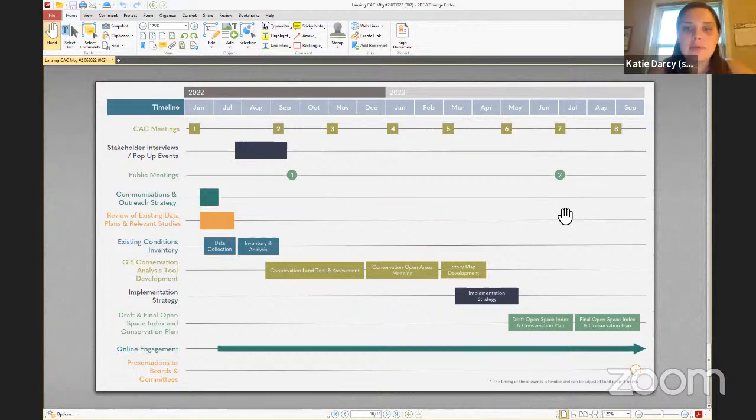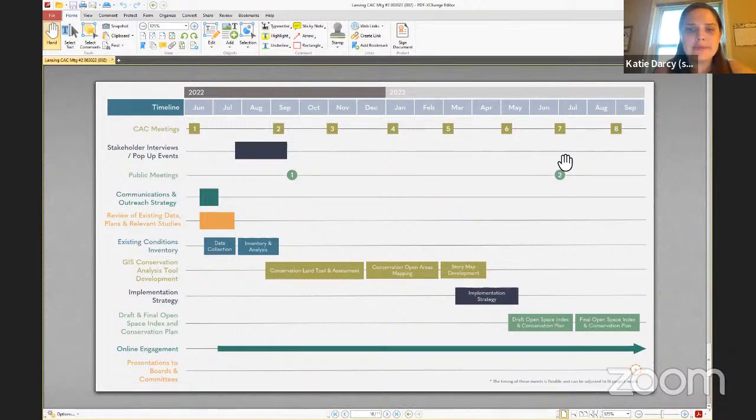Yeah, so just a few minimal changes. There was some feedback at our last meeting about pushing the second public meeting back into the draft phase of the plan, which I think makes a lot of sense. Basically, when we have a draft plan, I think it's appropriate for us to set up that public meeting.